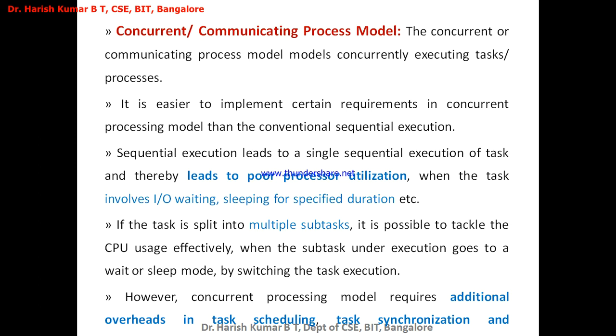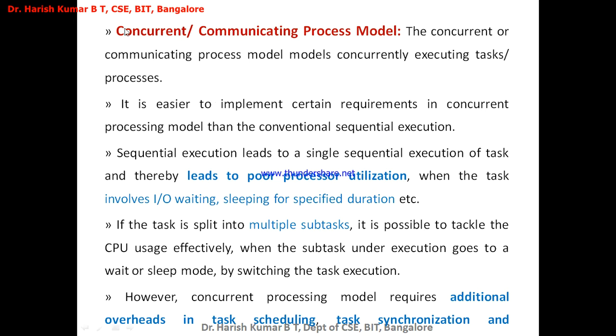The processor waits until the process finishes its IO waiting or its specified sleep duration. That means the processor is sitting idle until the process finishes its IO operation or its specified sleeping time. So that leads to poor processor utilization in the sequential programming model.